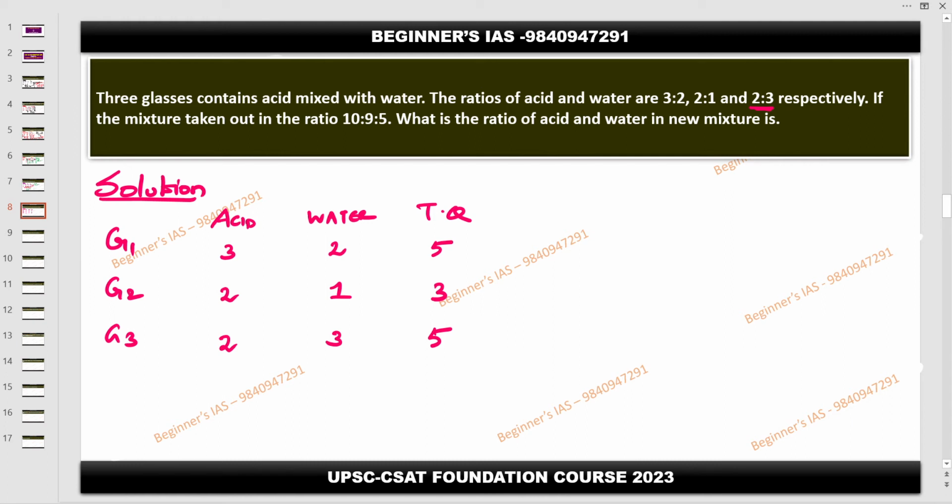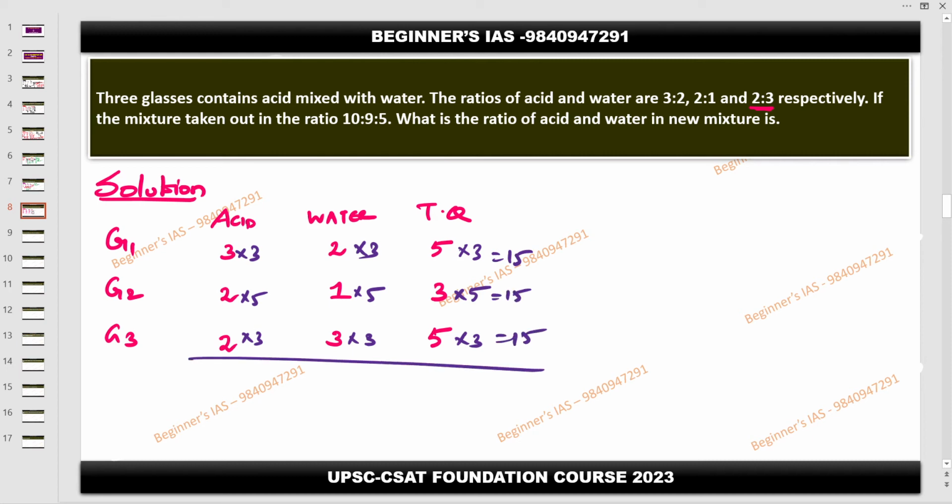So you are not having the total quantity the same, so you have to make it the same. So multiply. Here the LCM is 15. Multiply here by 3, here by 5, here by 3. So now the total quantity will become 15, 15, 15.